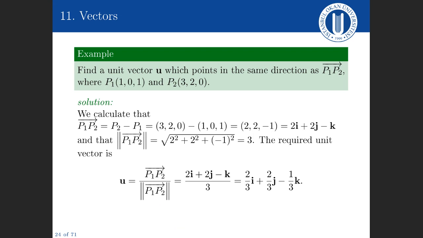So for example, find a unit vector u which points in the same direction as the vector P1P2. We're going to calculate P1P2. We're going to calculate the norm of P1P2. And then u is going to be P1P2 divided by the norm of P1P2.